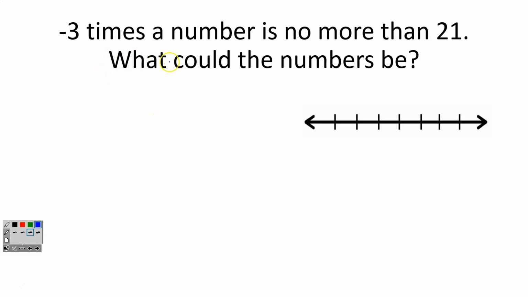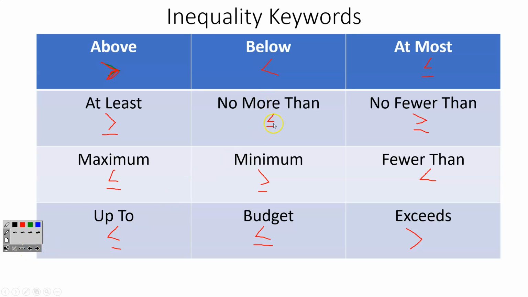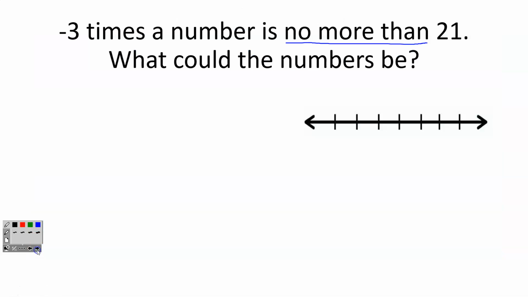So -3 times a number is no more than 21. I'm going to underline my inequality keywords. No more than. If I look back at the previous slide, no more than means less than or equal to. So -3 times a number, but it doesn't tell us what number, so that's an x, has to be less than or equal to 21.